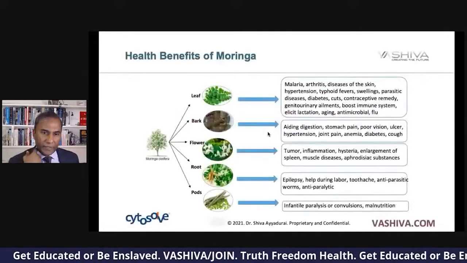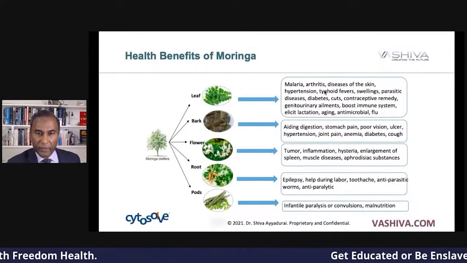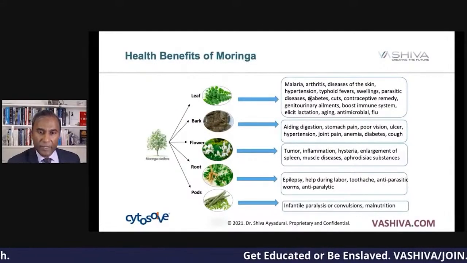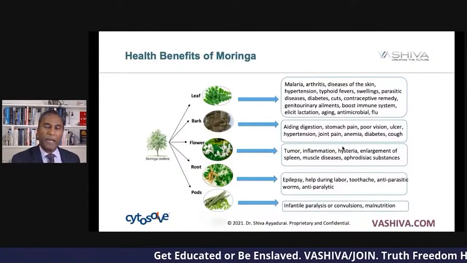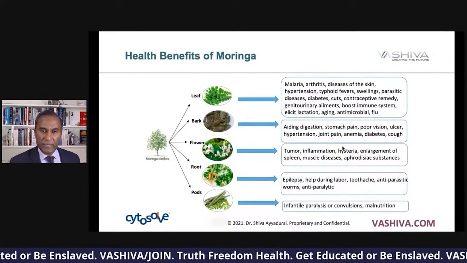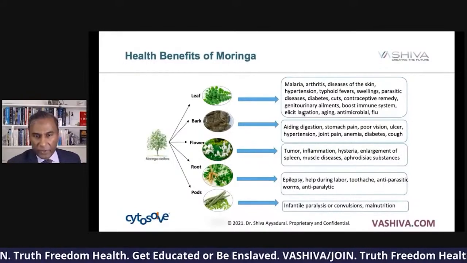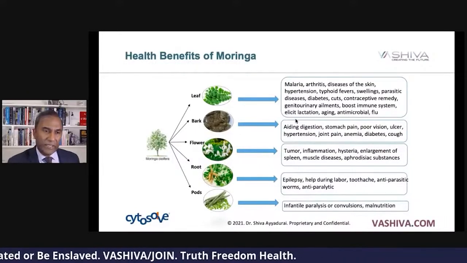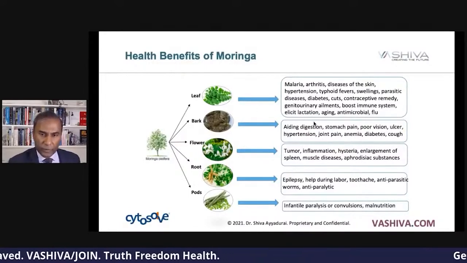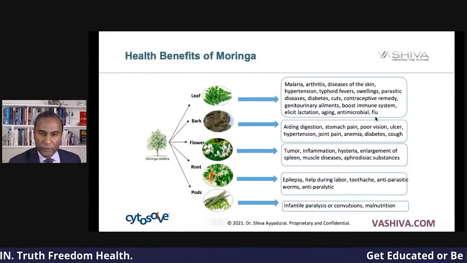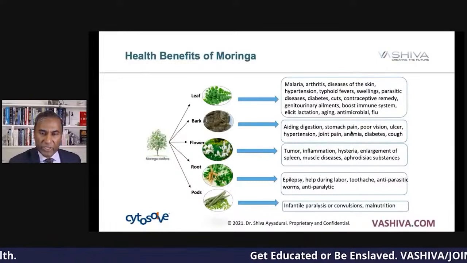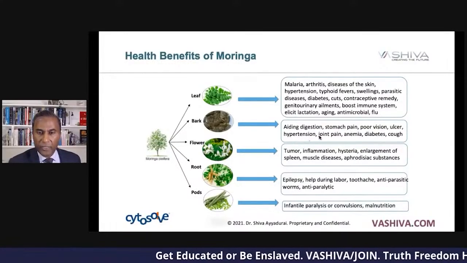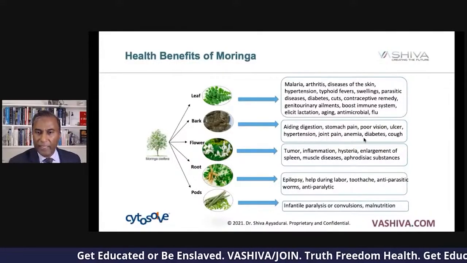Let's look at the health benefits. The leaf can be used for malaria, arthritis, diseases of the skin, hypertension, typhoid fever, swellings, parasitic diseases, diabetes, cuts, contraceptive remedy, genitourinary ailments, boost immune system, elicit lactation. The lactation piece is a very powerful piece for women. Aging, antimicrobial, flu. The bark, aiding digestion, stomach pain, poor vision, ulcer, hypertension, joint pain, anemia, diabetes, cough.